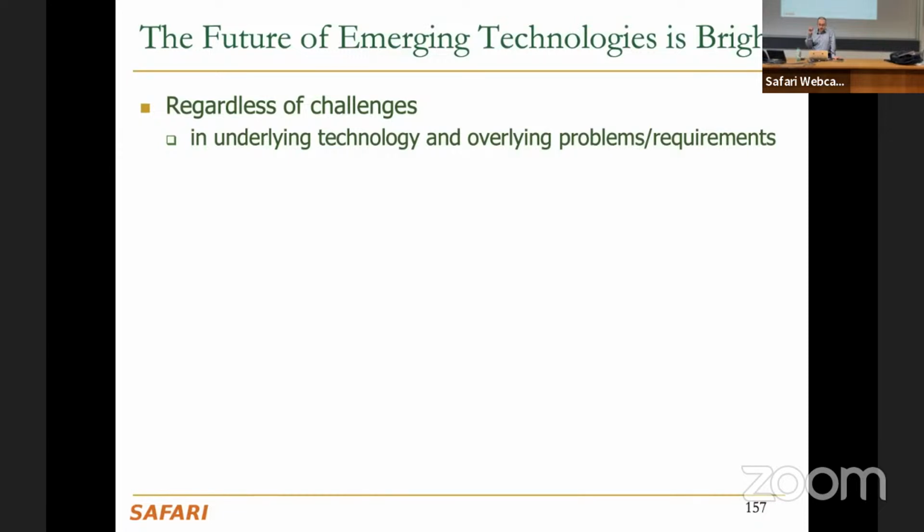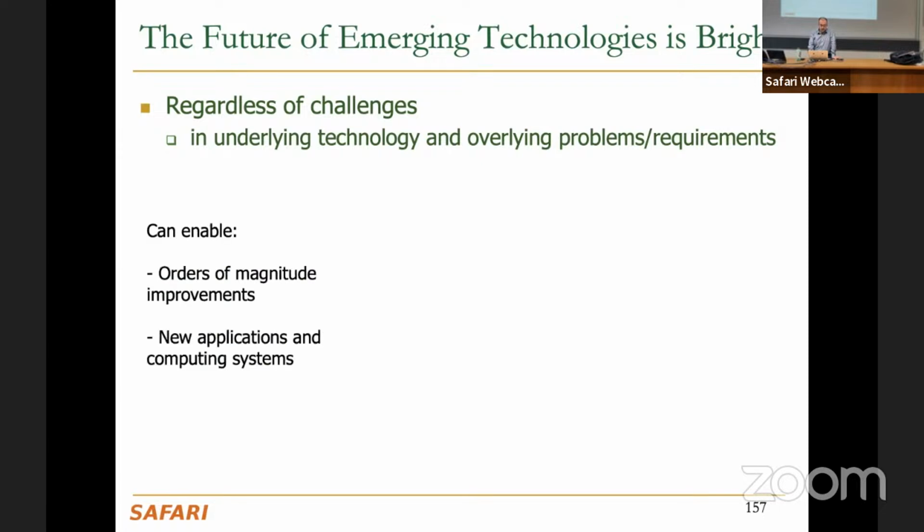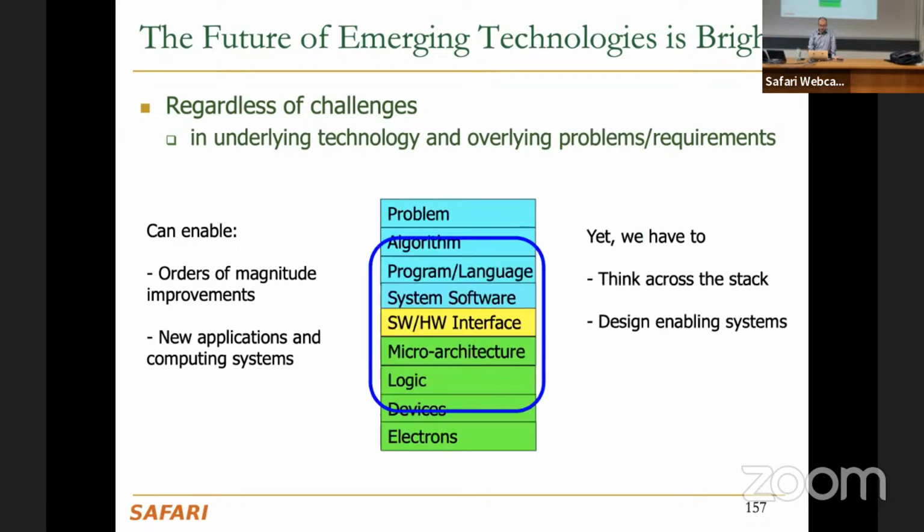The future of emerging technologies is bright, regardless of challenges in underlying technology and overlaying problems and requirements. It can enable orders of magnitude of improvements and new applications and compute systems. And yet we have to think across the stack, as we discuss all the time, and design enabling systems.